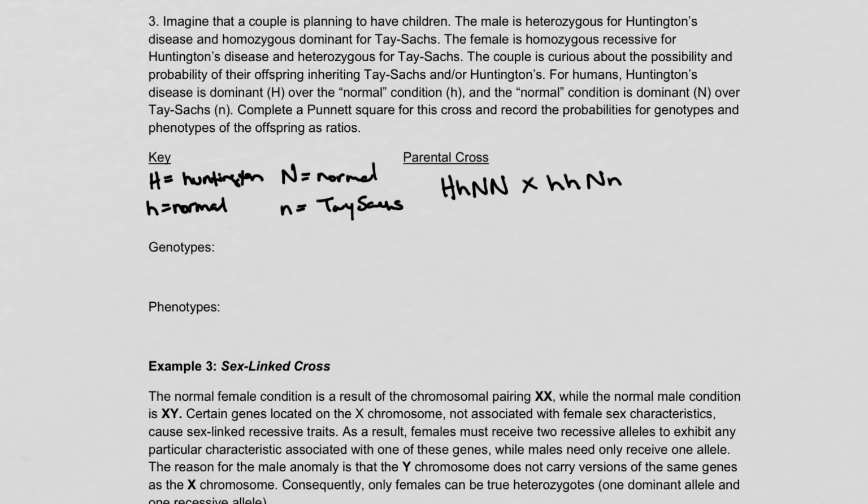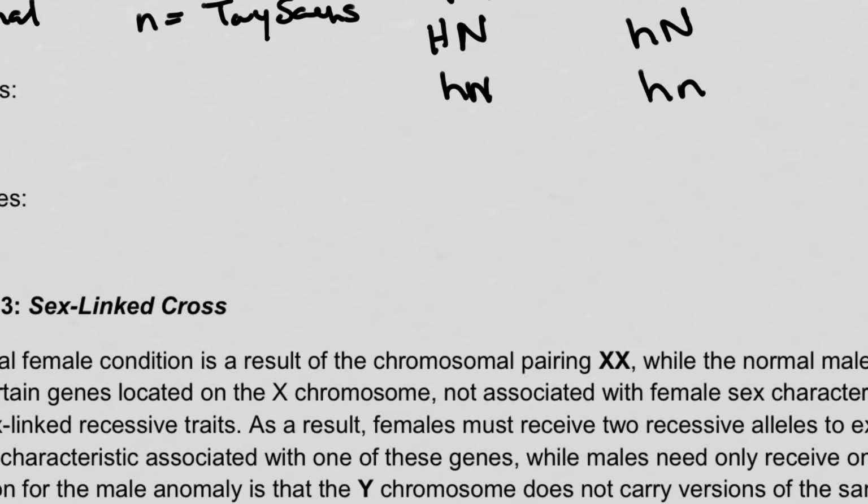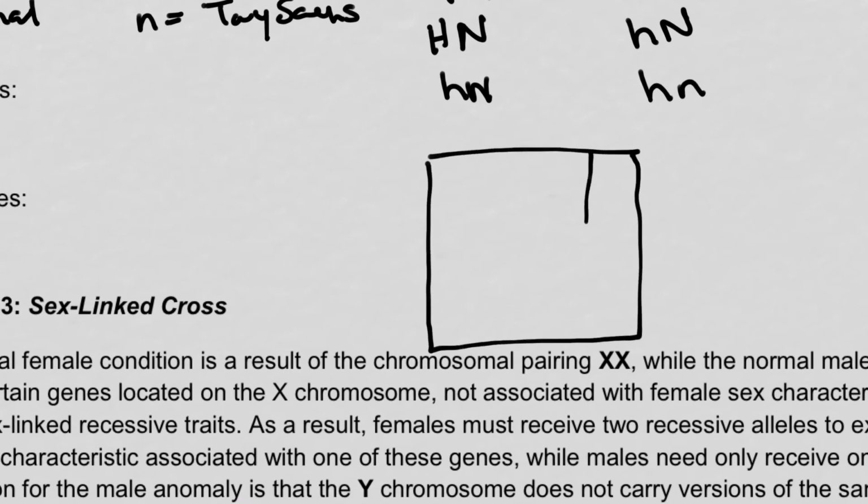All right, and they want to know probability of genotypes and phenotypes. So our different allele combinations. We've got two possibilities here, and two possibilities here. So now we can do our square. Oh, those are really not straight lines.